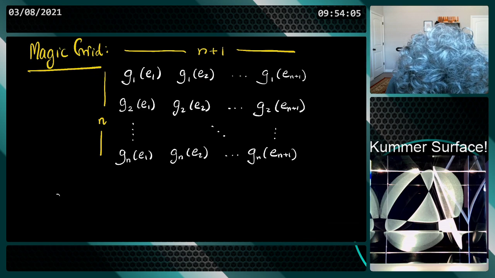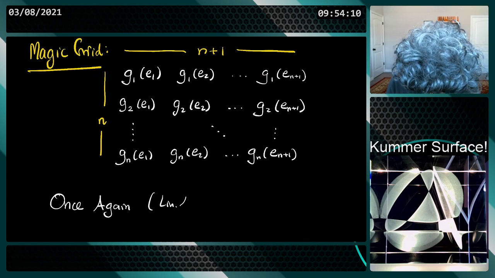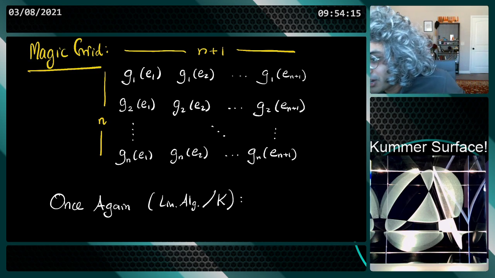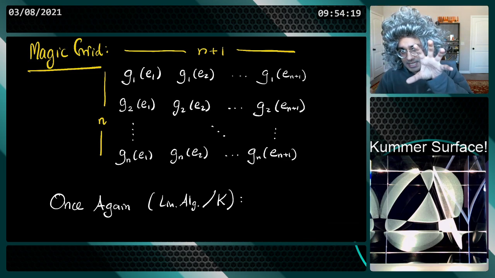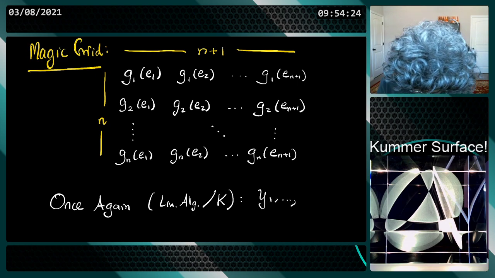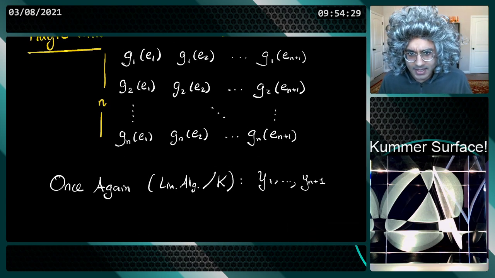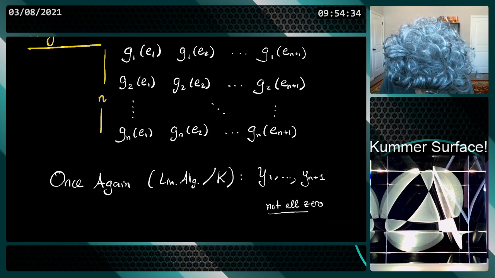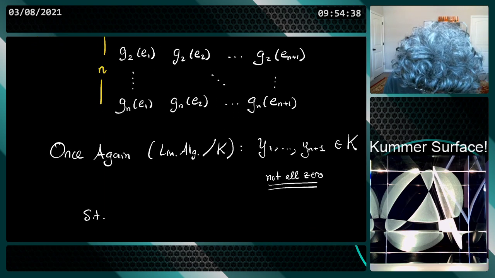So once again, linear algebra over K. There exists a non-trivial relationship, or column vector, that this times that column vector equals 0. You get y1 up to yn plus 1, non-zero, not all 0, such that you get these.